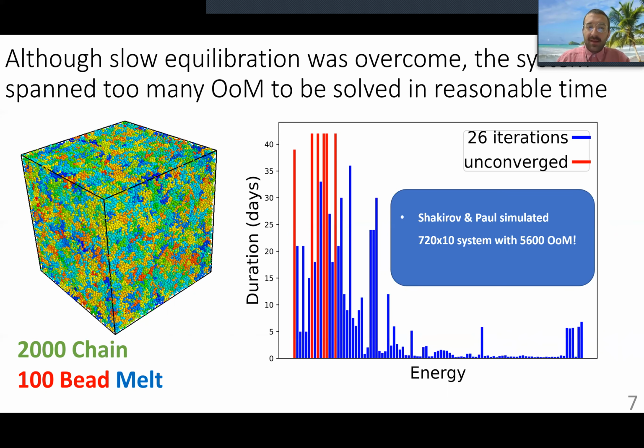And when we applied the same scaling arguments to our system, we found that our system spanned 200,000 orders of magnitude. And as you can imagine, we have bitten off more than we can chew, and the system is going to be quite impossible to simulate effectively, even with the 2 orders of magnitude speedup that we were able to achieve.